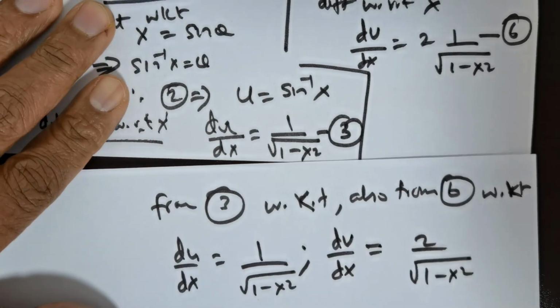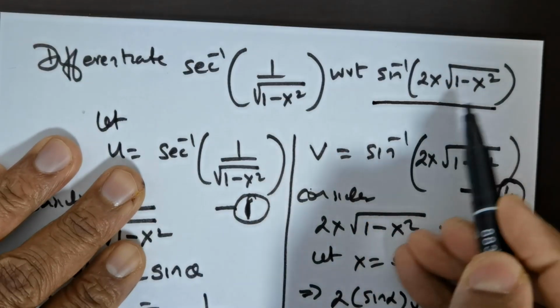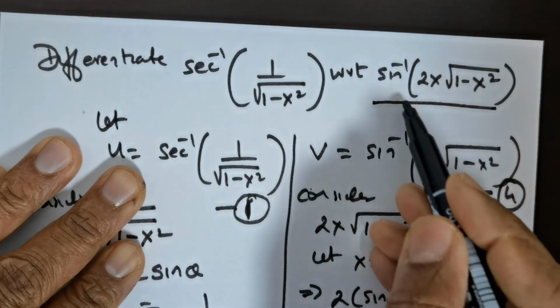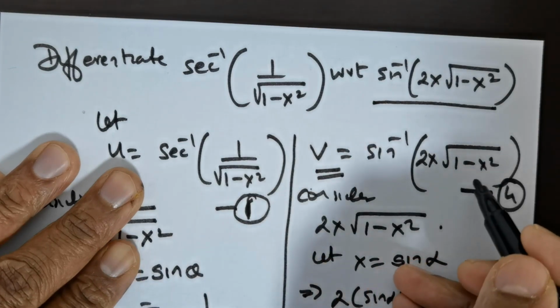Now we are asked to differentiate this with reference to, what is the question? Differentiate it with reference to sine inverse of 2x times root of 1 negative x squared. That means I have taken v to be sine inverse of 2x times root of 1 negative x squared. So the differentiation is with reference to v.